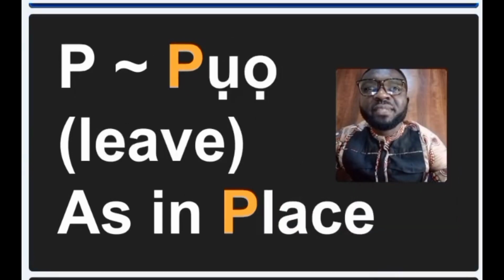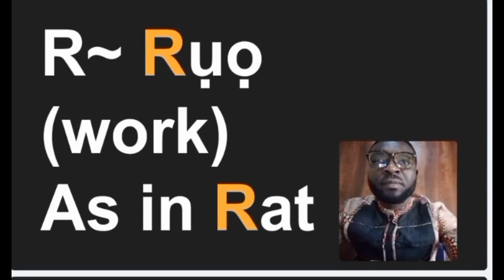Okay, let's get the next letter, which is the P sound. We have an Igbo word from the po sound, as in po, and po means leave. We have it in the English word place, the po sound in place.